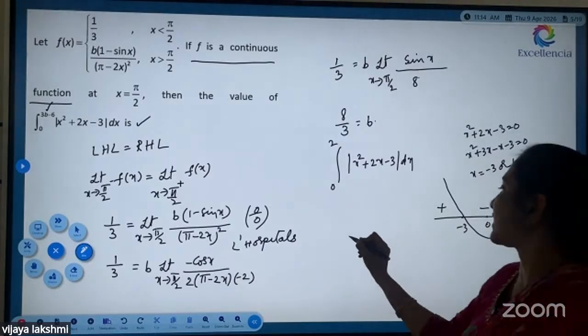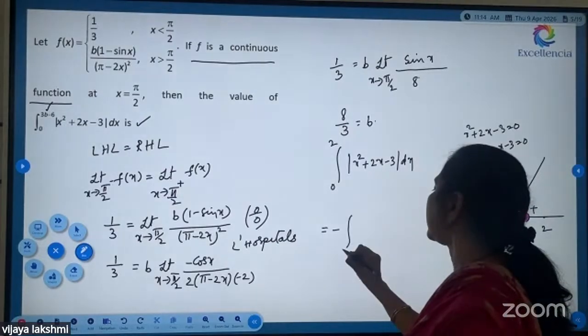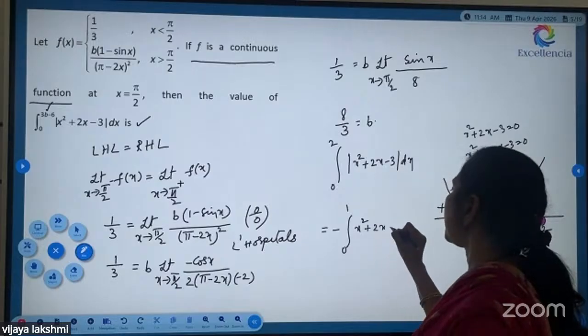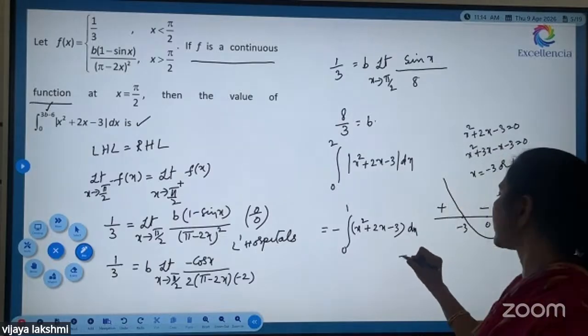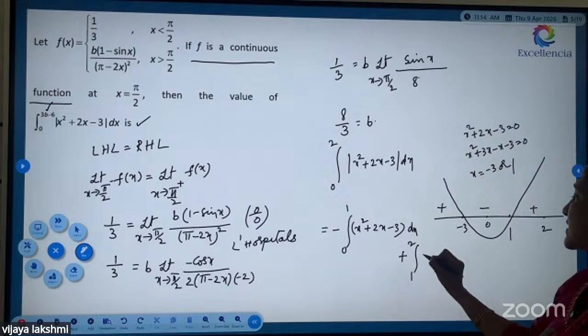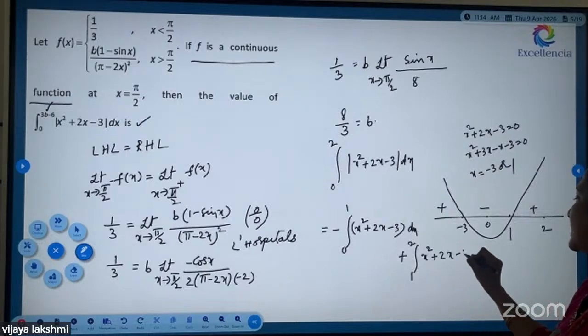That's why we can write minus of the integral from 0 to 1 of x square plus 2x minus 3 dx, plus the integral from 1 to 2, which is positive, of x square plus 2x minus 3 dx.